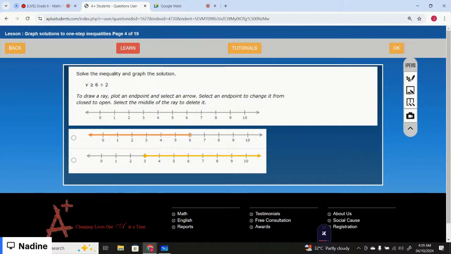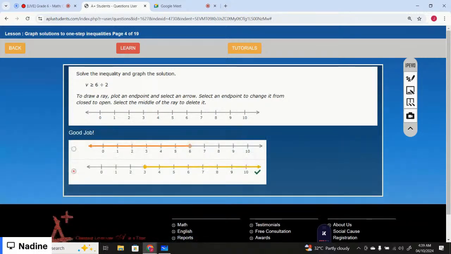The correct option is V is greater than or equal to 3. Yes, option number 2 is the correct option. Very good.